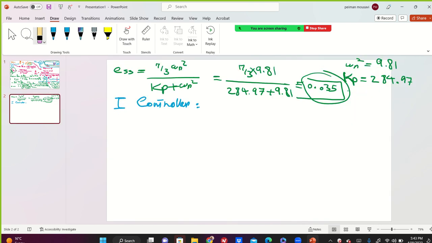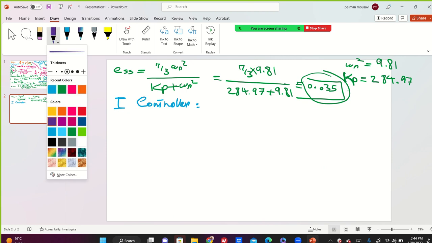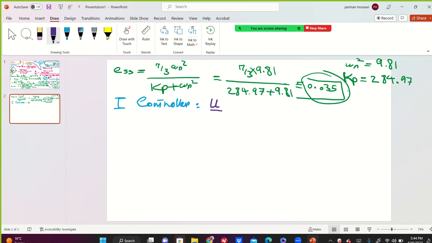So this time, the I controller: U over E, if you have only an I controller, in the time domain is the integration of the error signal. As its name says, I controller.